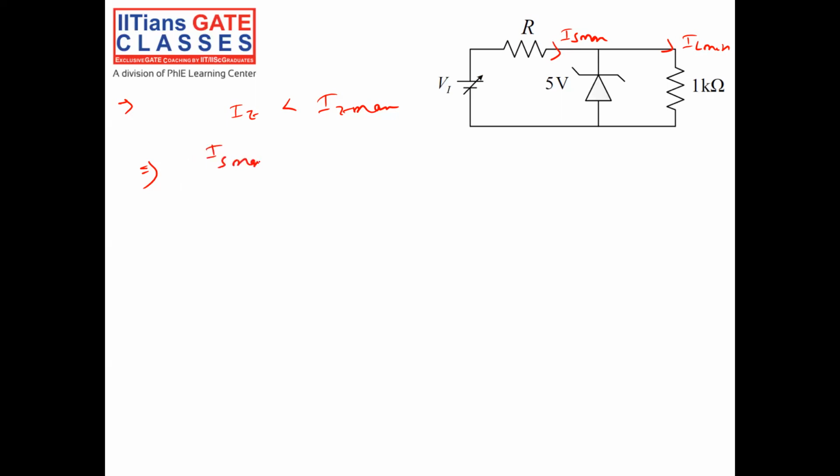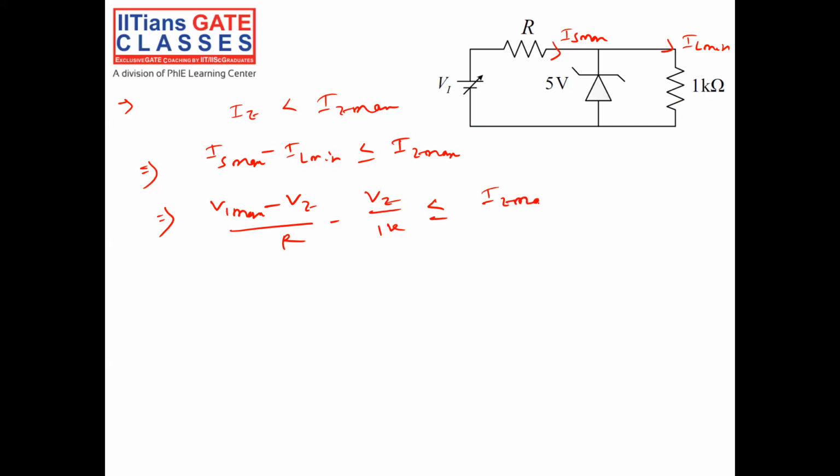What is I source maximum? It is V1 max minus Vz by R, minus I load minimum. Since the load is constant, I will put Vz by 1K only, and this should be less than or equal to IZ maximum.